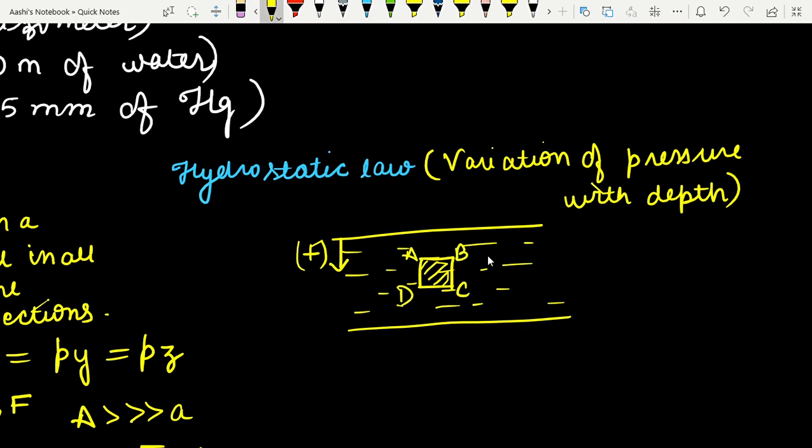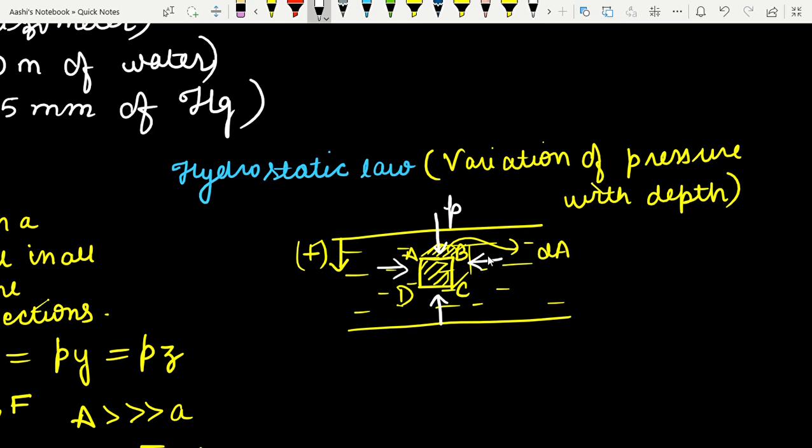If I imagine it in 3D, it will be like this, a cube. Let's say the surface area of this cube is dA. Let's say the pressure is P. Fluid will exert some pressure all around on this fluid element, and on any surface, pressure is the normal compressive force per unit area.